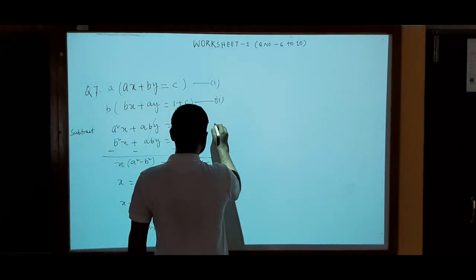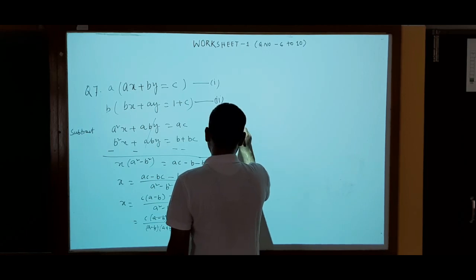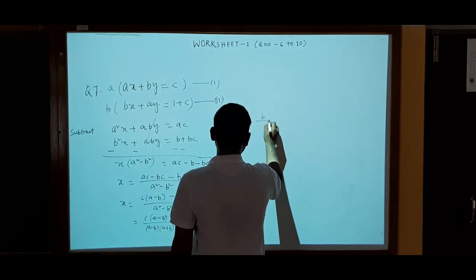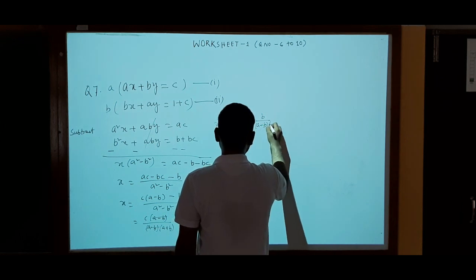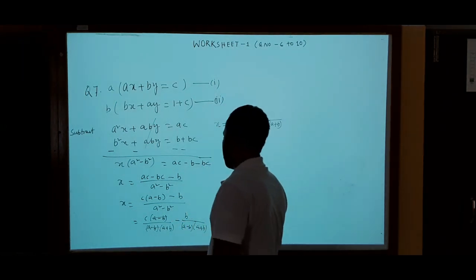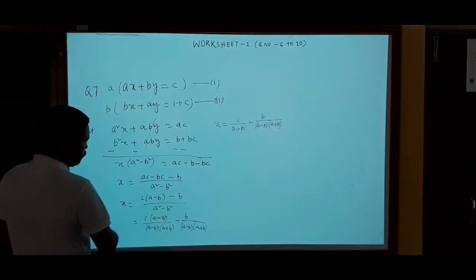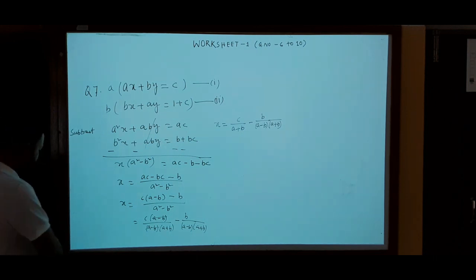Now x equal to c upon a plus b minus b upon a minus b into a plus b. Okay, x equal to c upon a plus b minus b upon a minus b into a plus b.